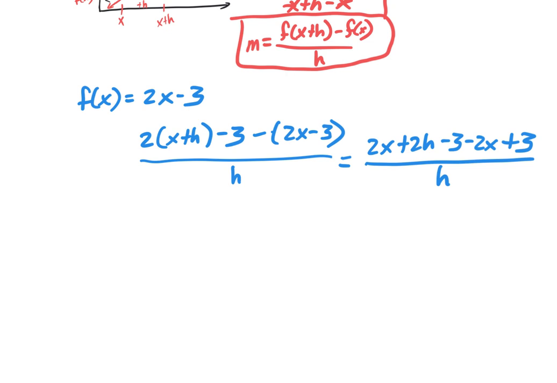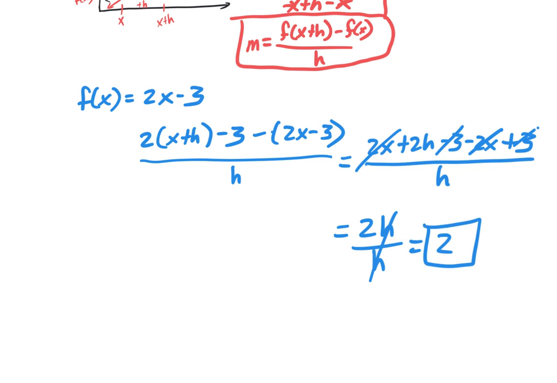Watch what happens here, though. 2x and 2x, boom, they're gone. Negative 3 and positive 3, boom, they're gone. 2h over h, boom, they're gone. And we go through all that work, and we find out that the difference quotient is 2.